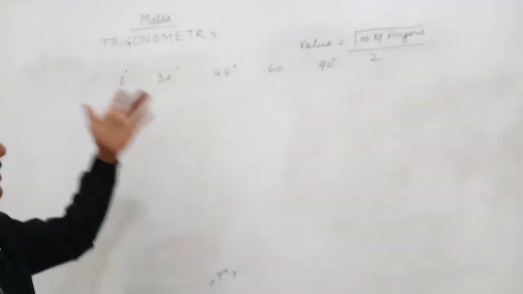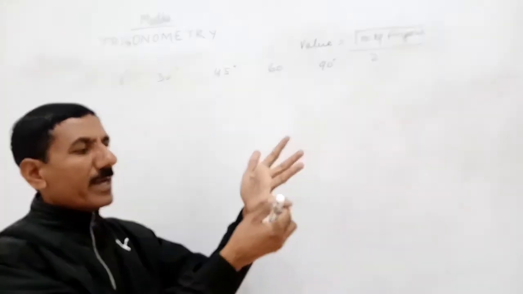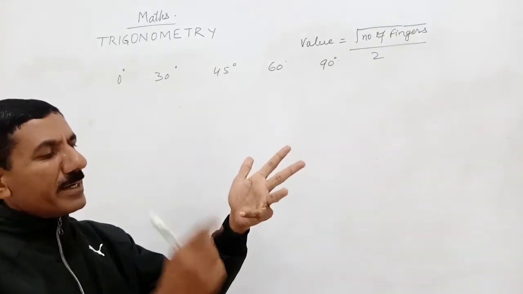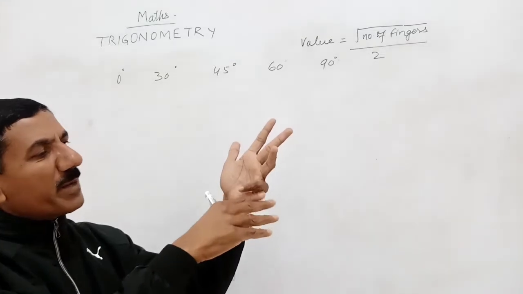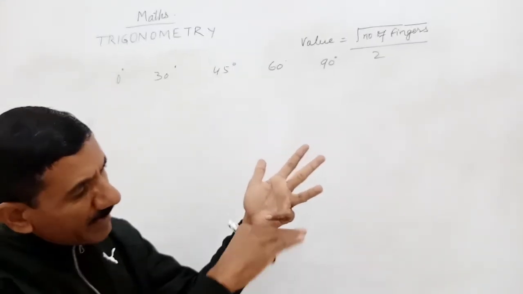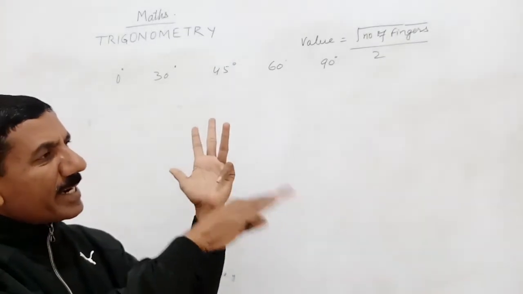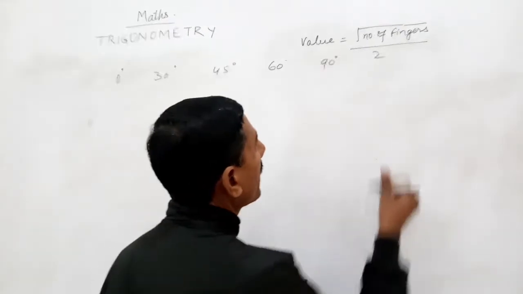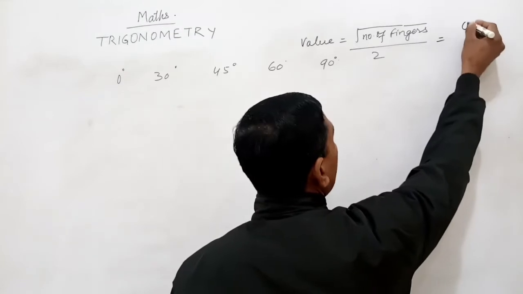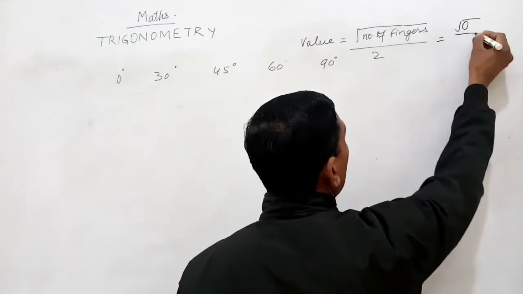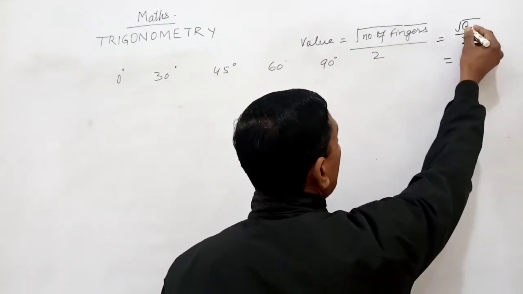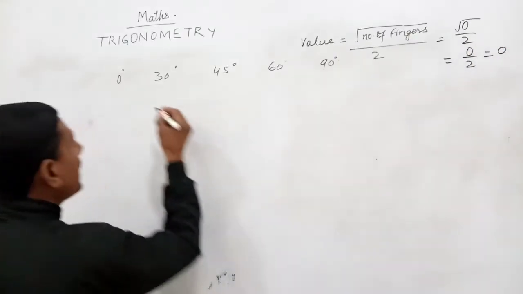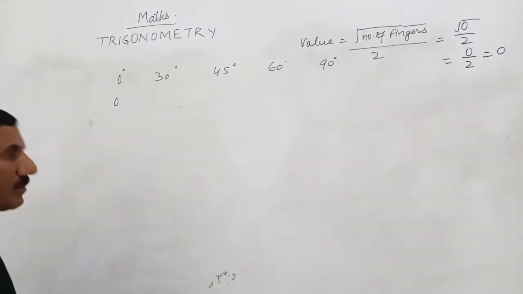In the case of 0 degree, the 0 degree finger will be closed, and the number of fingers on the right hand side is 0, so we take 0 in the place, right here 0 root upon 2. It means root 0 upon 2 will be equal to 0, so right here 0.